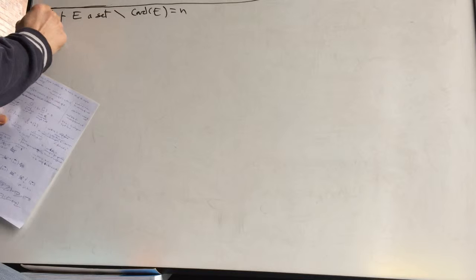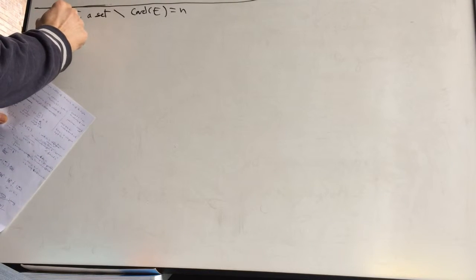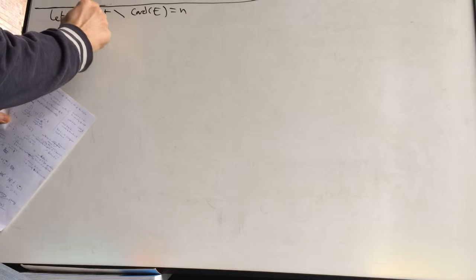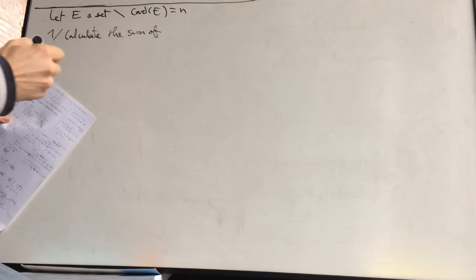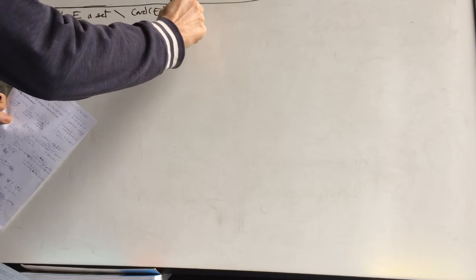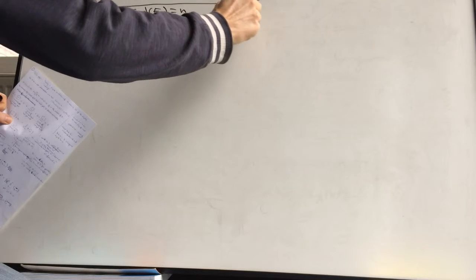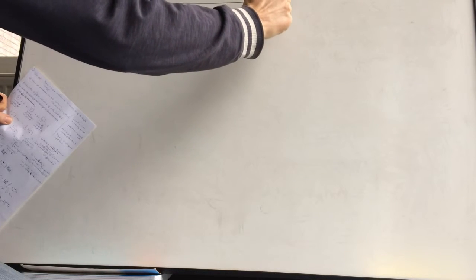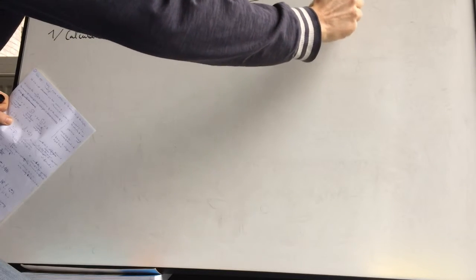N is a natural number, and the first question is calculate the sum of the cardinalities of all the subsets of E.